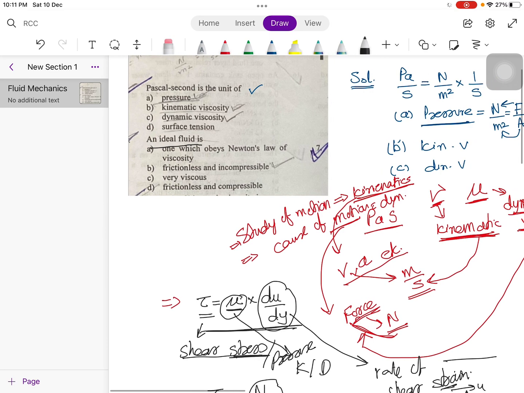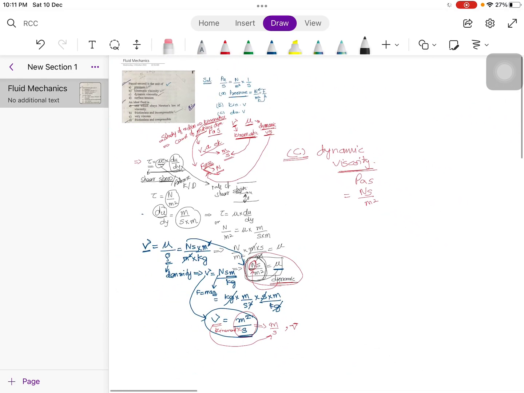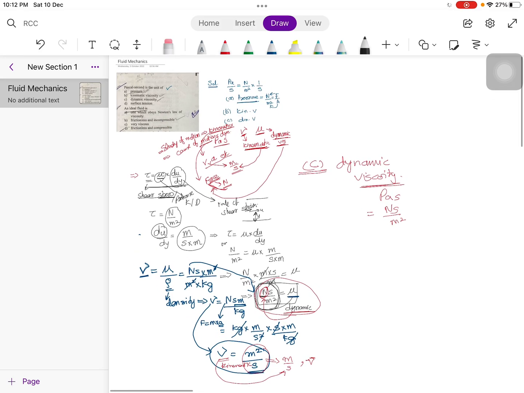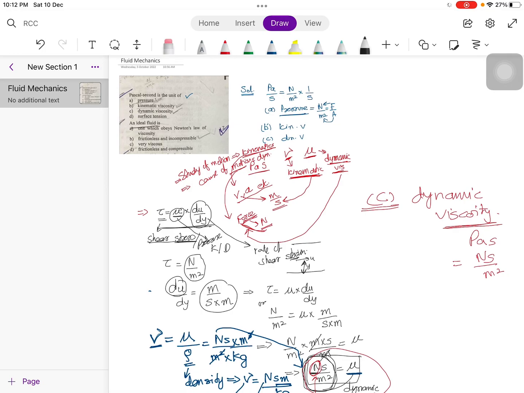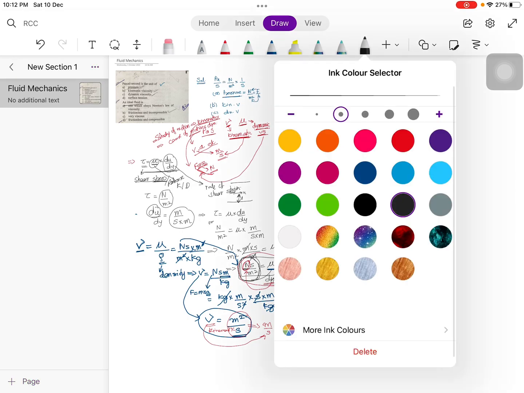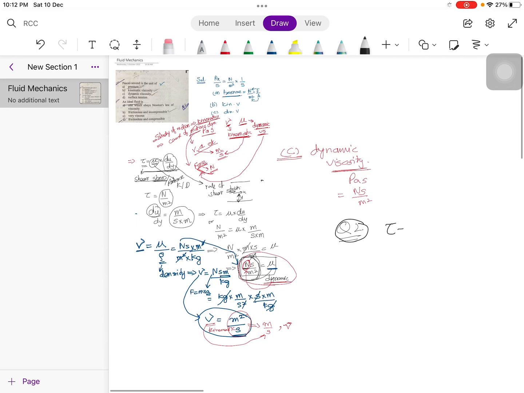Newton's law of viscosity is tau is mu times du upon dy.